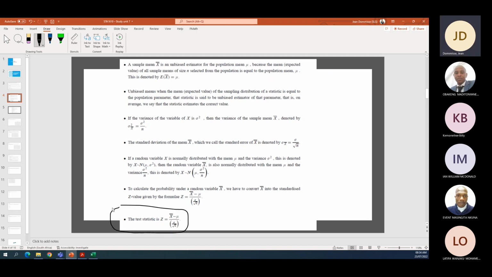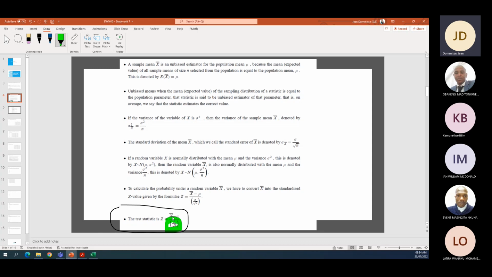the test statistic. Now what it became is very similar to what we had in study unit 6. The only difference now is, instead of just dividing by the standard deviation, we're dividing by the standard error. So that is the only difference that came in.